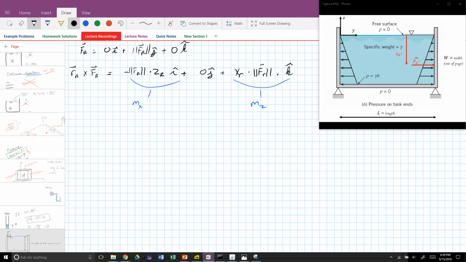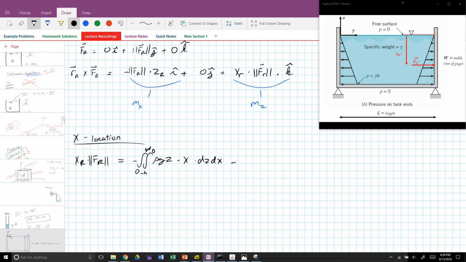So first, let's solve for the x location of the resultant force. We know that xr times the magnitude of the resultant force is equal to the integral of negative rho g z times x dz dx, where this will be an integral from 0 to w and from negative h to 0.